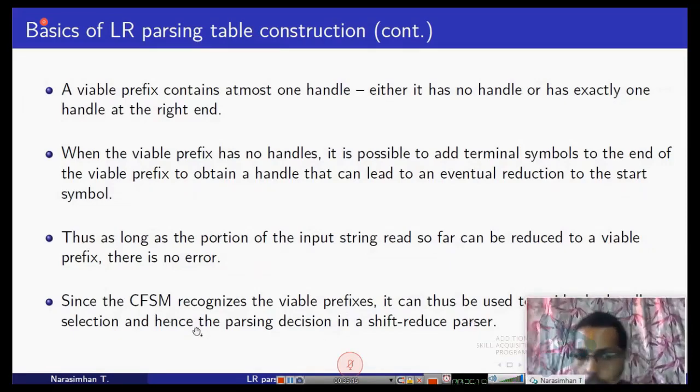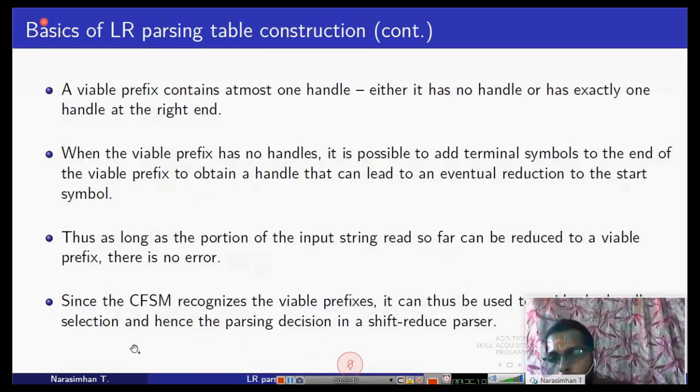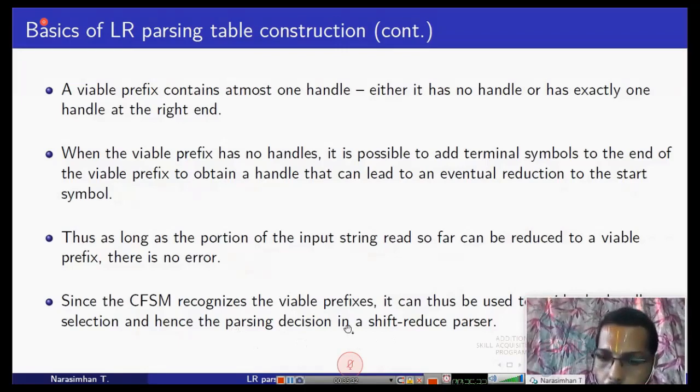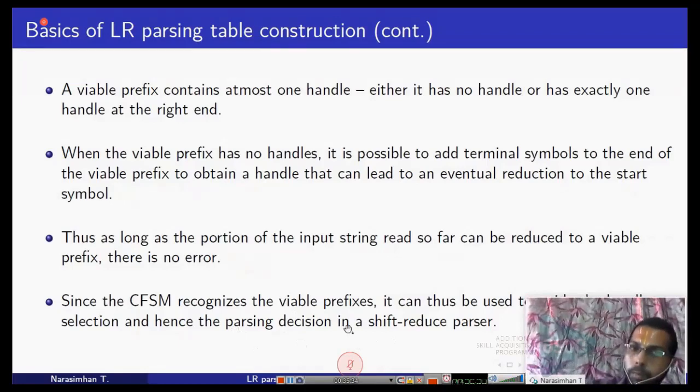In a way, it will also help in the parsing decision, because once you find the handle, you're going to reduce, and finally it will lead you to the start symbol. So the parsing decision can also be done accordingly. So the CFSM plays a vital role in taking the parsing decision, whether to shift or reduce.